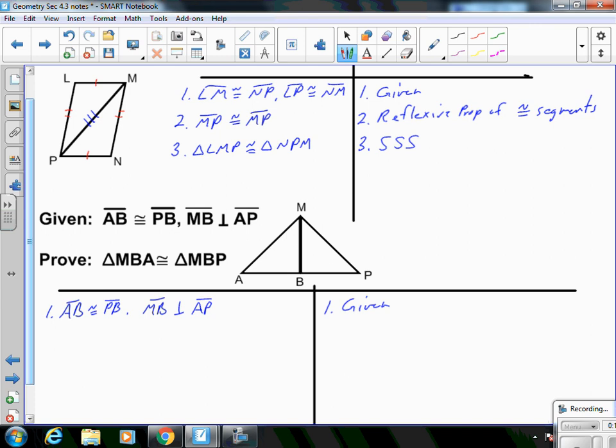So we got on our picture, we can mark AB and PB congruent. And then, since it tells us that MB and AP are perpendicular, what's that tell us about angles MBA and MBP?